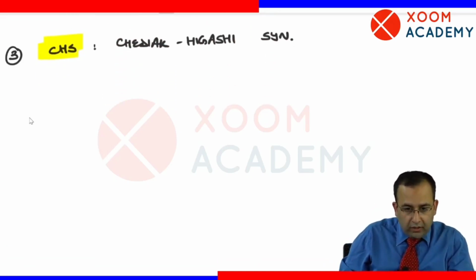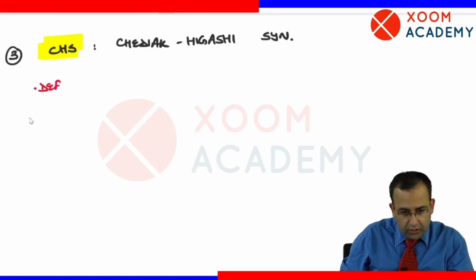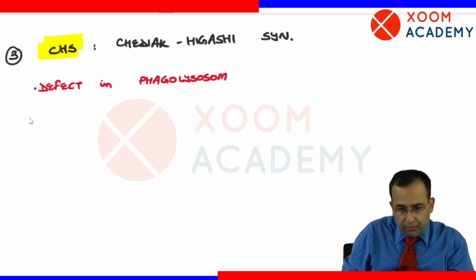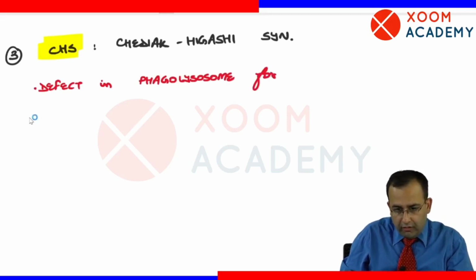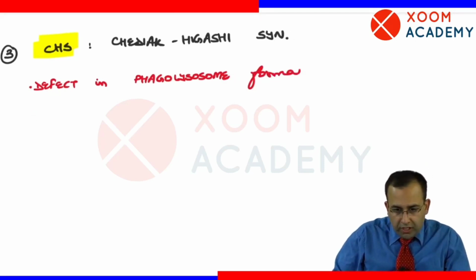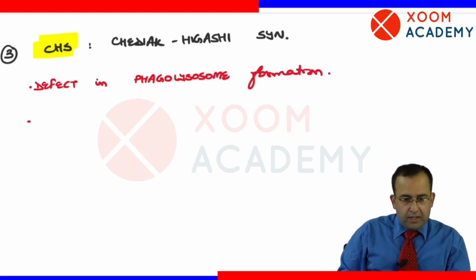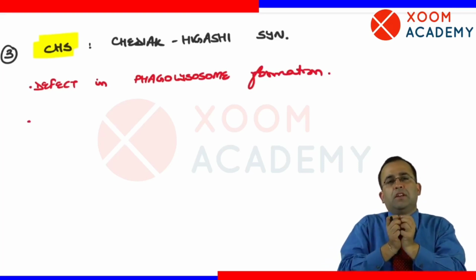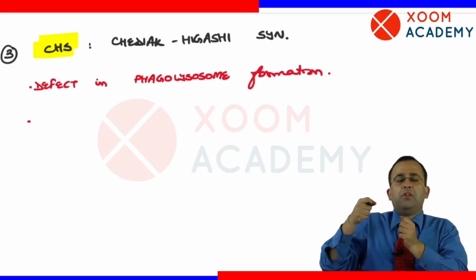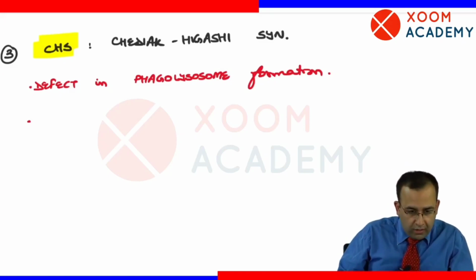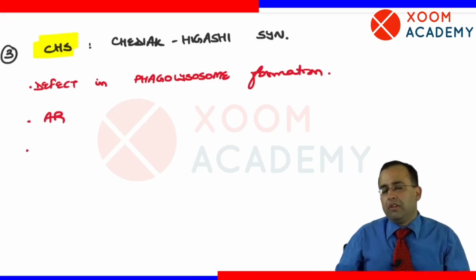First point, it is a defect in phagolysosome formation. What does this mean? Look, phagocytosis has occurred, but it is not able to bind with the lysosome. Next point, it is also autosomal recessive in nature.